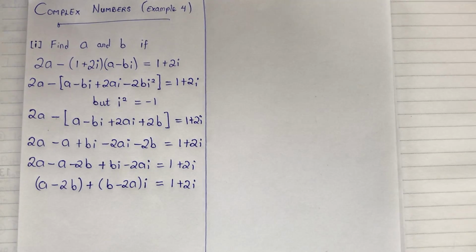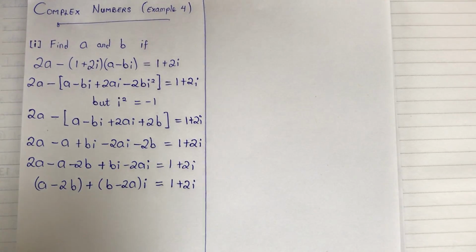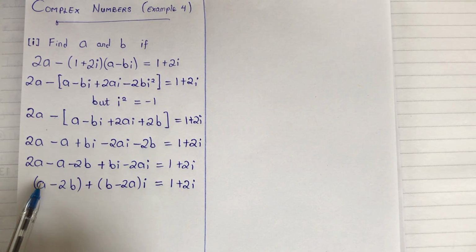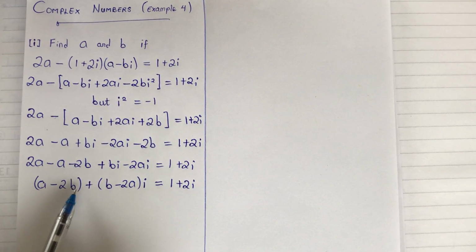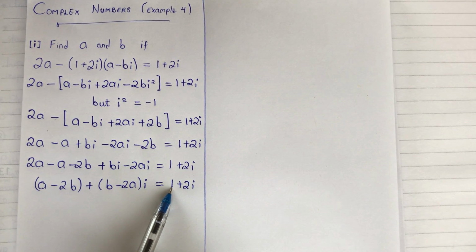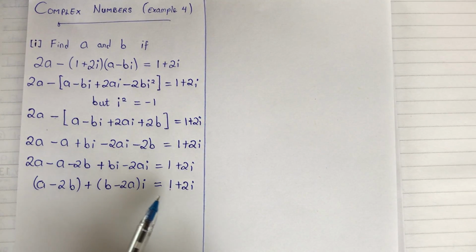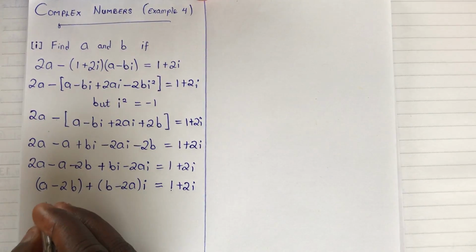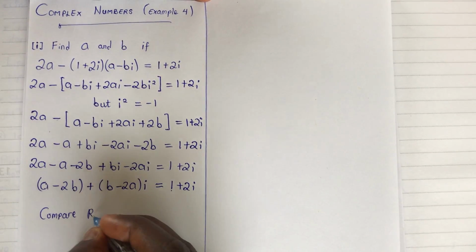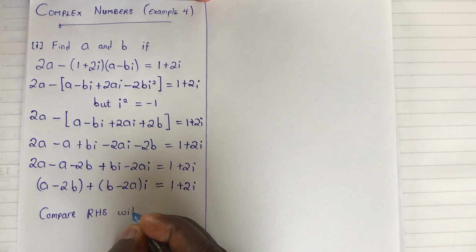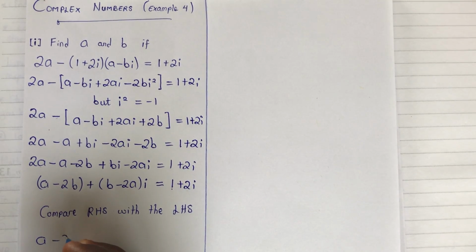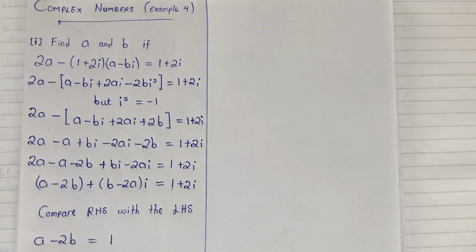Now it is easy for us to compare the left hand side with the right hand side. So we have a minus 2b equal to the real part, which is 1, and then b minus 2a equal to 2, since there's i here and there's i here. So we know that a minus 2b will give us 1.